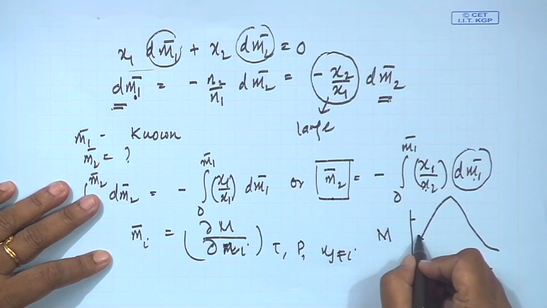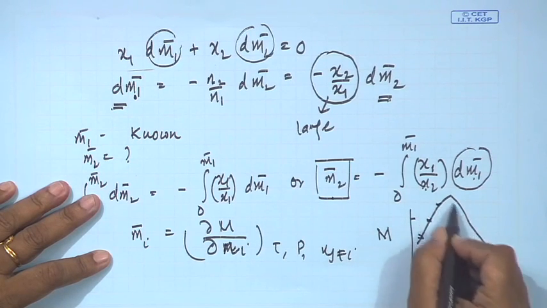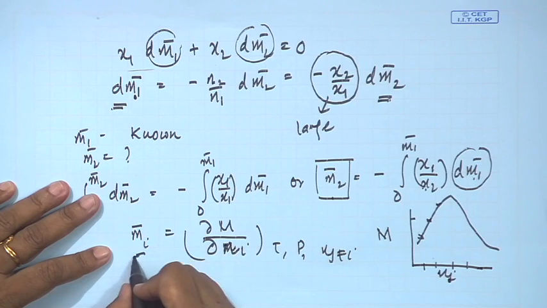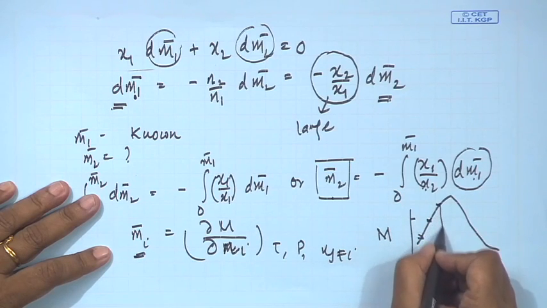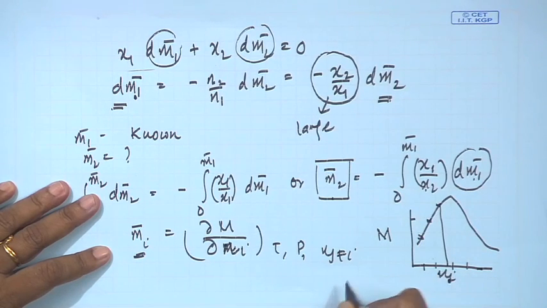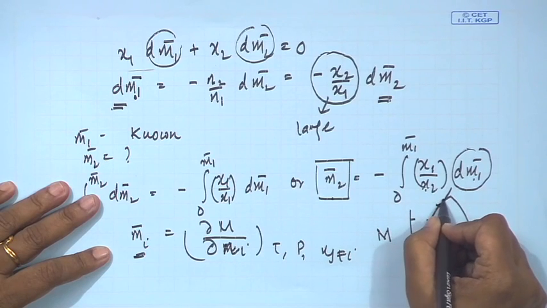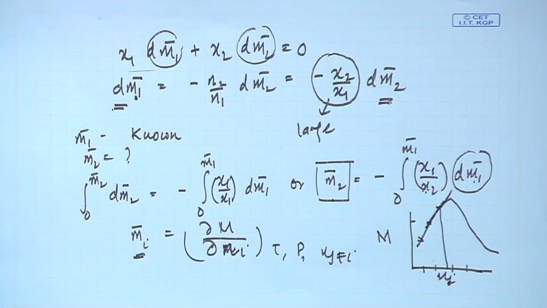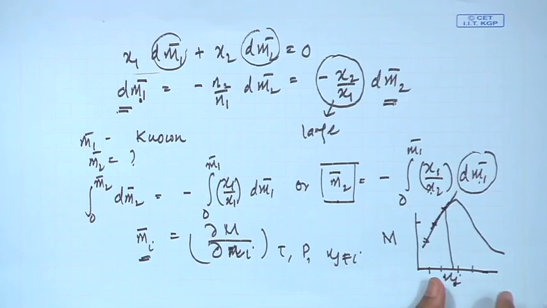Accordingly, I can find out different points and construct this particular curve. Now, if I want to find out the partial molar volume at some particular composition, what do I do? I can simply draw a tangent and find the slope of this curve. But finding out the slope of this curve in this particular way is not at all a very easy technique.